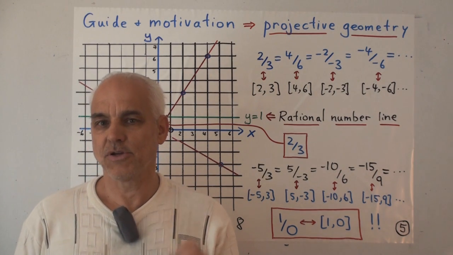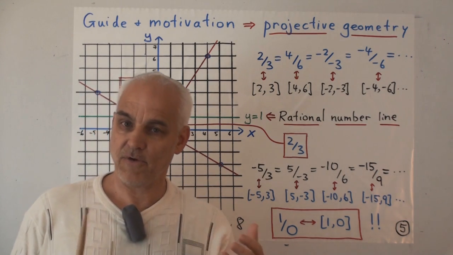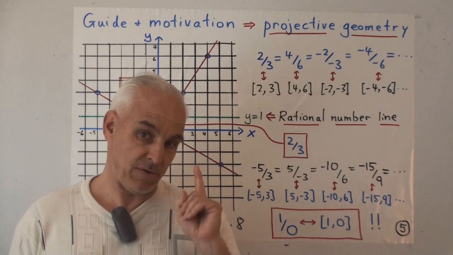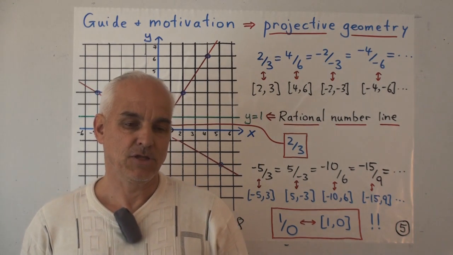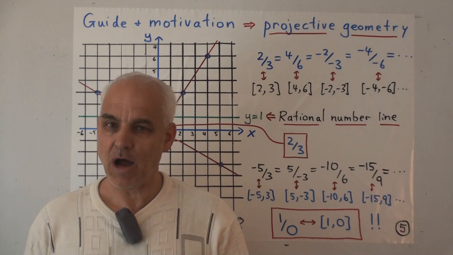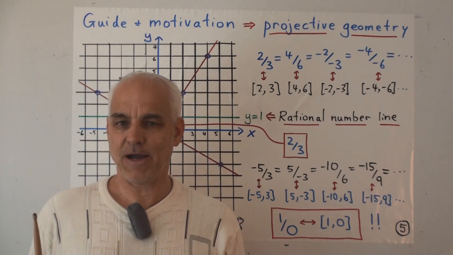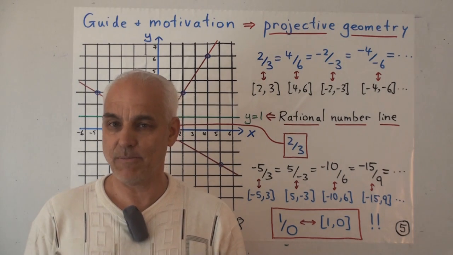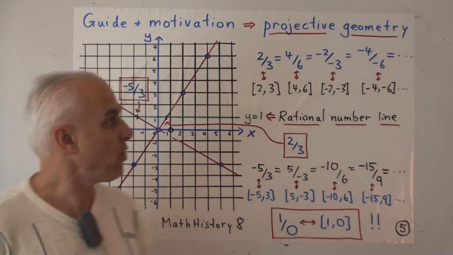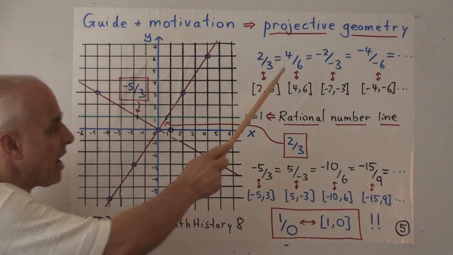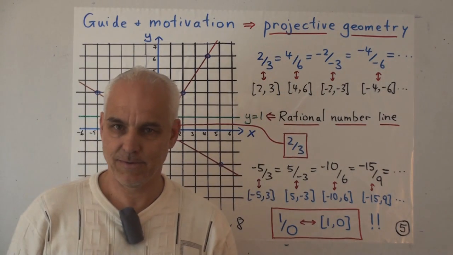It's been around not perhaps in an arithmetical framework so much as in a geometrical framework. If you know some projective geometry, then the idea of dividing by 0 is a very natural one geometrically. So we are going to be guided and motivated by projective geometry.